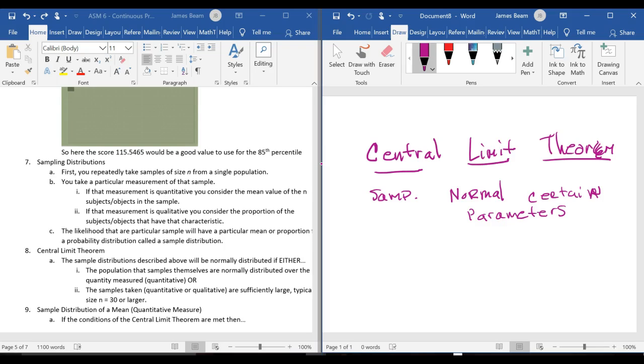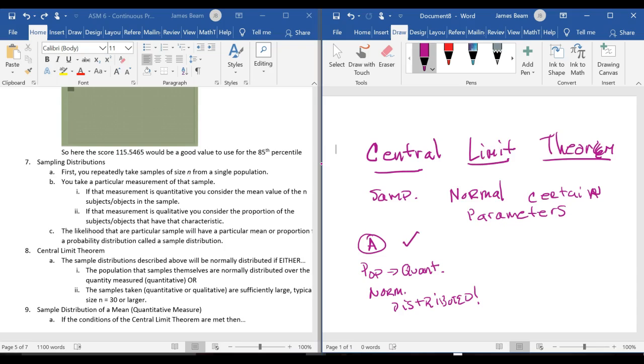If one of two things is in place. Either A, the population is measured using a quantitative measure, and the population itself is normally distributed. If you've got that, you're good.